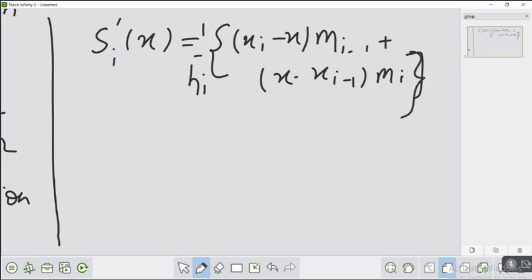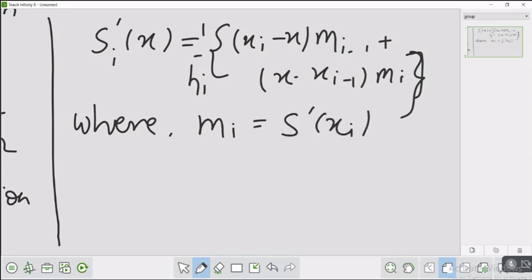This is what we have written, where mi is S'(xi). Note that this derivative has x to the power 1 in it, so it's a linear function.